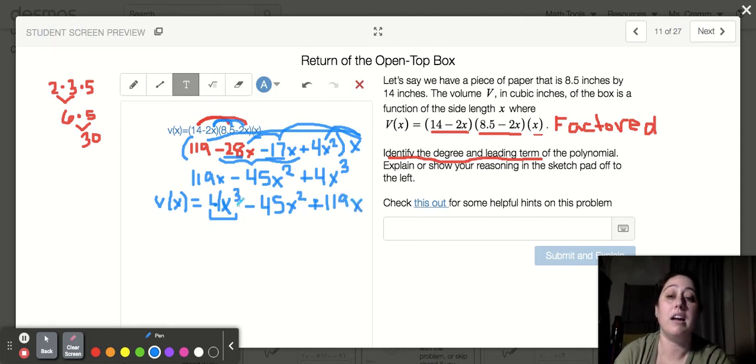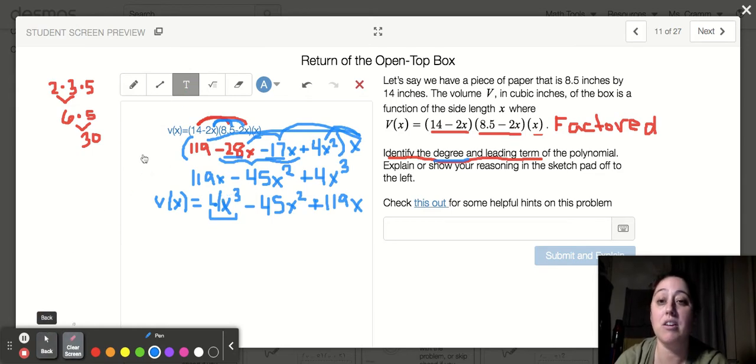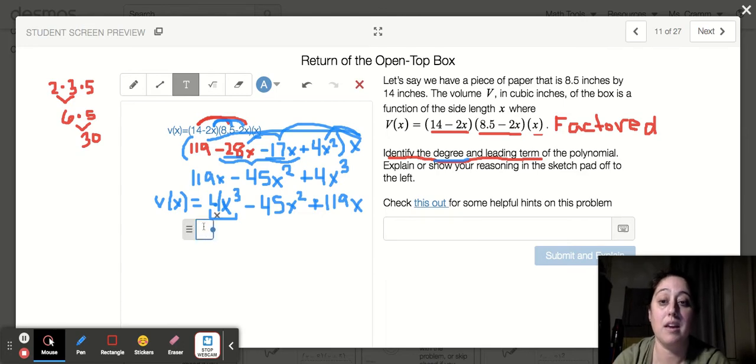Okay, cool. All right, so now I can identify the degree, right? When they say the degree of the polynomial, they're always talking about the highest degree. So this is a third degree polynomial, and the leading term is, let me see if I can type this because it's a little easier. The leading term is the entire 4x to the third.